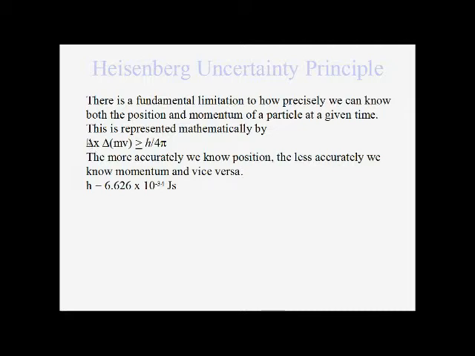So if we knew a location precisely, that uncertainty would go down to 0. As the uncertainty approaches 0, our momentum is going to approach infinity. So the more precisely we know one of these properties, the less we know of the other property.